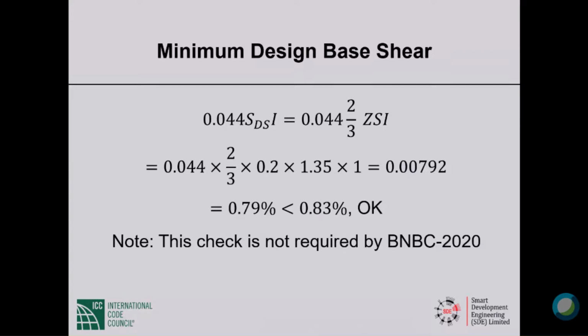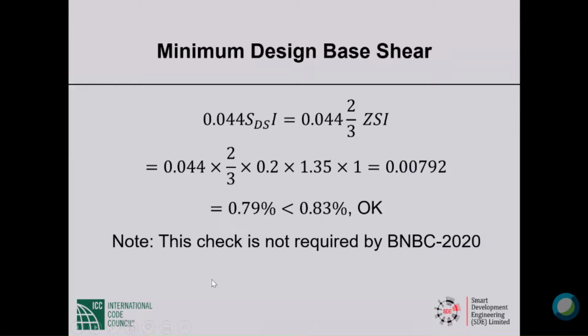Z is the same as S sub 1, which is 40% of S sub S and all of that. So S sub DS is 2/3 of Z times S. So 0.044 times 2/3, Z of 0.2, S of 1.35, I of 1. That gives you 0.00792 or 0.79%, which being lower than 0.83%, we are okay.